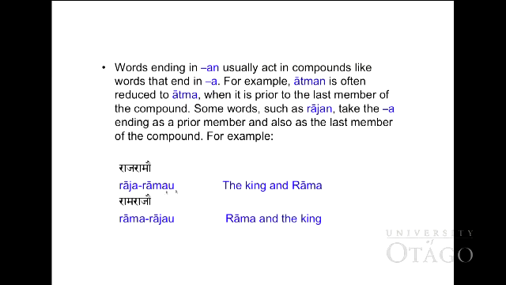Raja, Rama, the king and Rama. Change Rajan to Raja, and Rama declines Ramau, dual. Rama, Rajau. Even though we put it in the last member of the compound, Rama, Rajan changes to Rajau. So it is dual, Rama and the king, or the king and Rama.